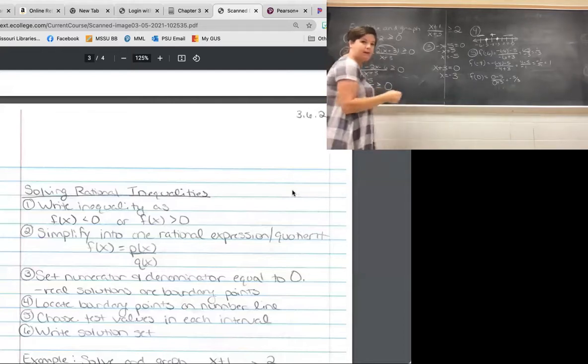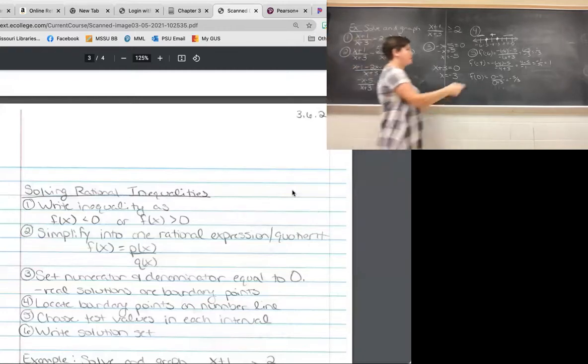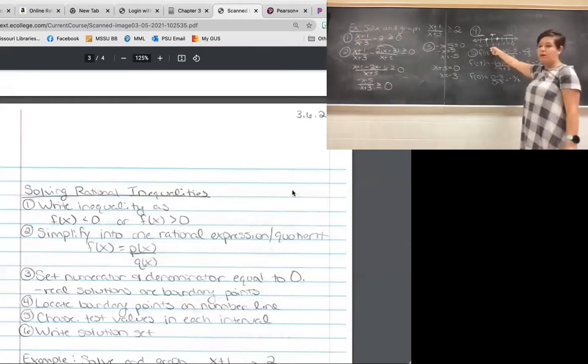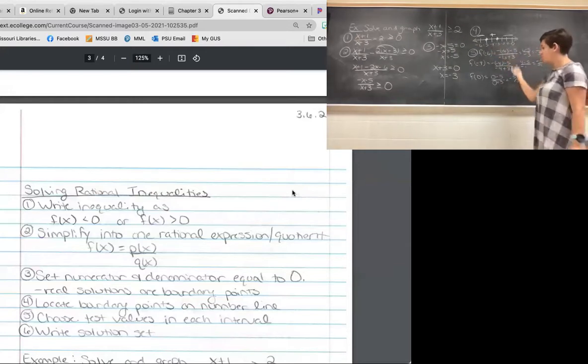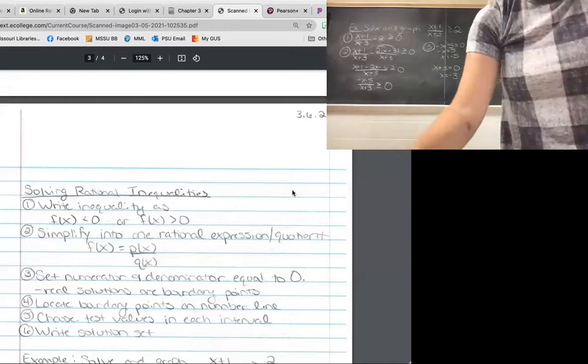So going back to our step 2, I said negative x minus 5 over x plus 3 has to be greater than or equal to 0. That happens in this middle section here. So I won't actually have a union this time because it's only one section that I'm concerned about, or only one interval.